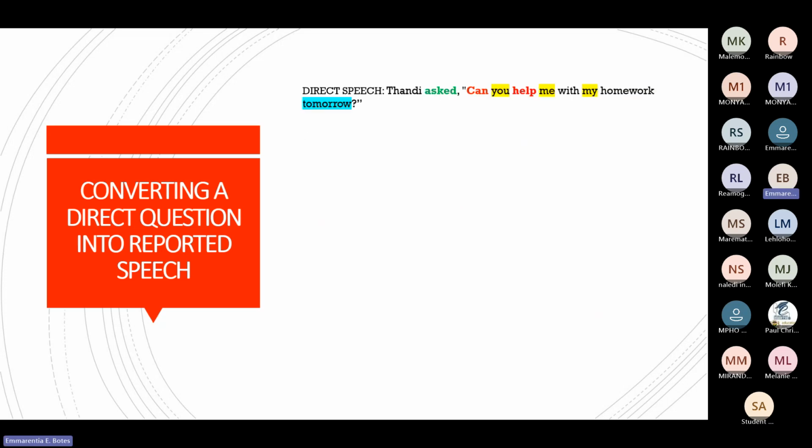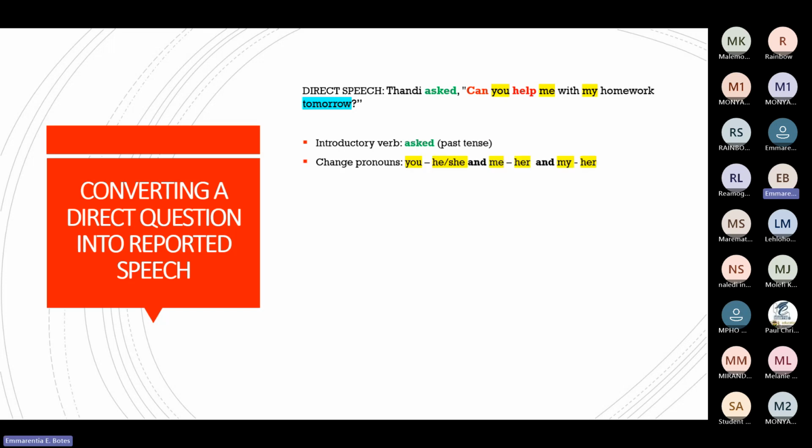Then if we look at this one, Tandy asked, can you help me with my homework tomorrow? Our introductory verb asked, past tense. We change the pronouns because it's not clear whether you will be male or female. You can either use he or she as a pronoun.